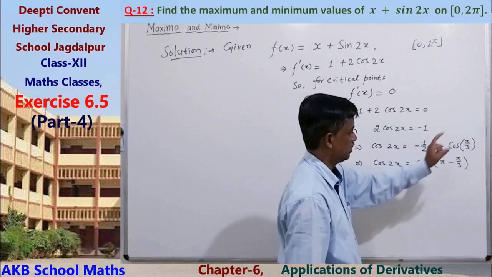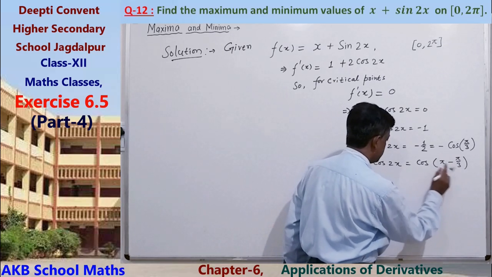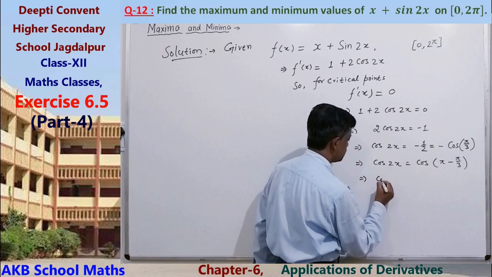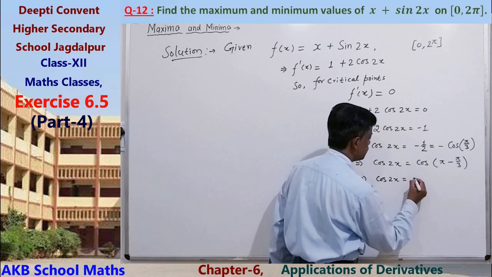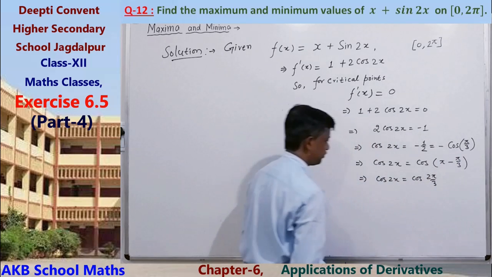That is correct. So pi minus pi by 3 means 2 pi by 3. So cos 2x equals cos 2 pi by 3.